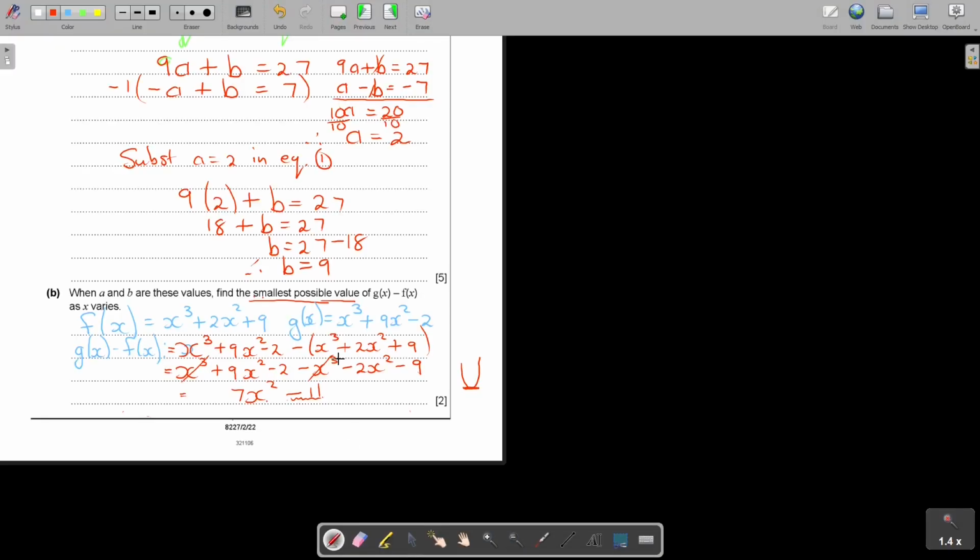That's why I can end by saying, therefore, the smallest possible, or the minimum point value, is negative 11, and it's due to it not having a middle term. That's not the turning point.